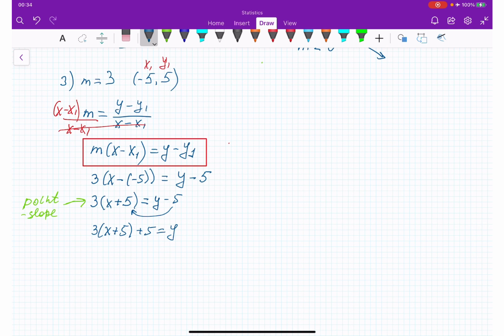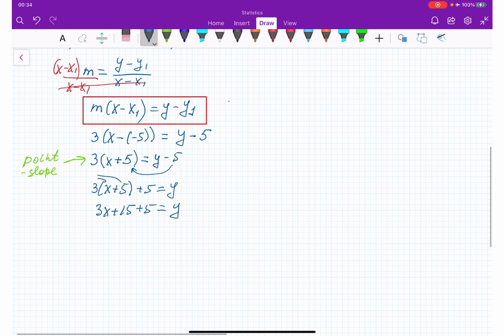So let's simplify. 3x plus 15, I am distributing, plus 5 is equal to y, and 15 and 5 are like terms, 3x plus 20 is equal to y, or y is equal to 3x plus 20.